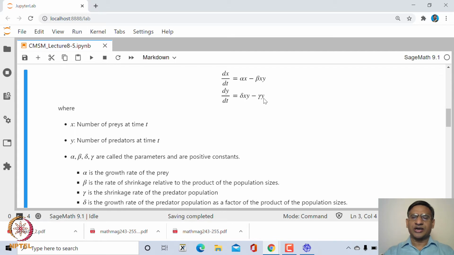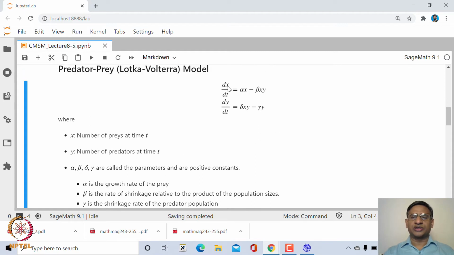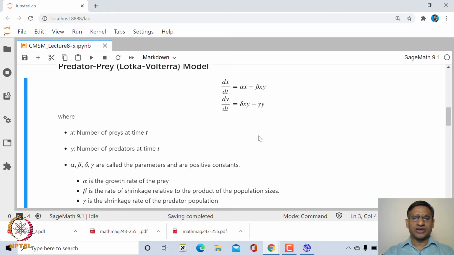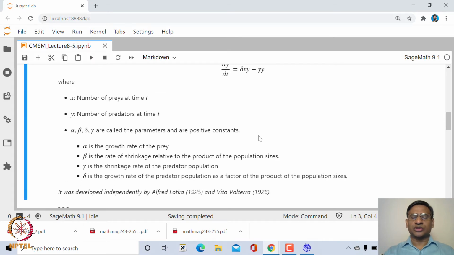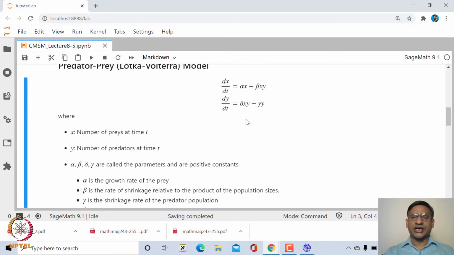This gamma is known as the shrinkage rate of the predator population in the absence of, for example, the prey; this population will come down, and in case the prey population is present, then this will be the rate at which it grows. So, this is a set of two equations in two variables x and y, and you can see this is a non-linear system of differential equations. We want to solve this system using the RK4 method.